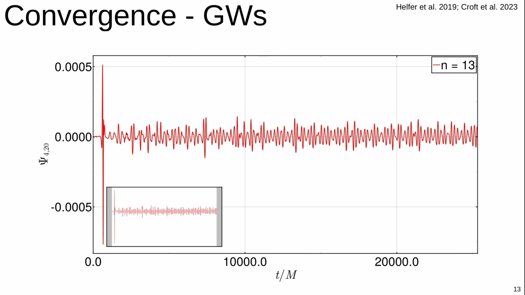But then notice that there is also a long tail of non-negligible residual signal, which is not to be expected for a black hole head-on or a neutron star head-on collision. So boson stars have a very characteristic gravitational wave signature, if they exist, of course. But I want to demonstrate to you that we can do this in a convergent manner.